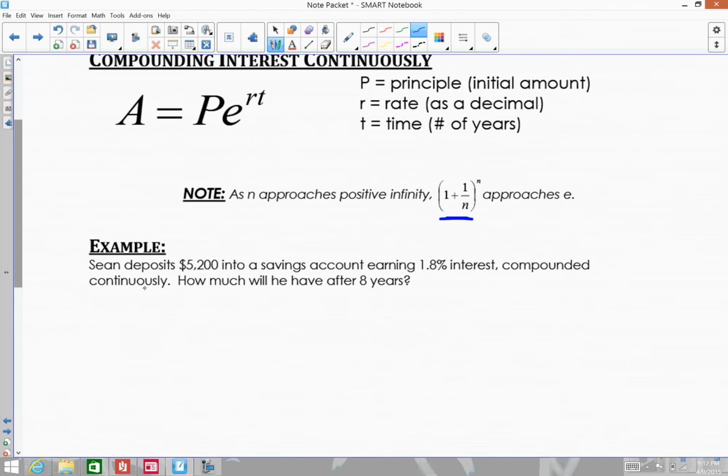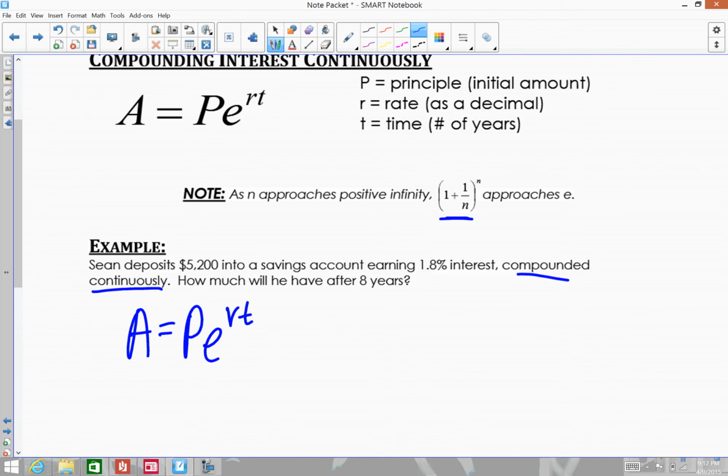So looking at this, we have Sean deposits $5,200 into a savings account, earning 1.8% interest compounded continuously. So as soon as you see that, you want to be thinking it's A equals P times e to the rt. So it's the PERT formula, basically, if you look at the way that the letters spell out.